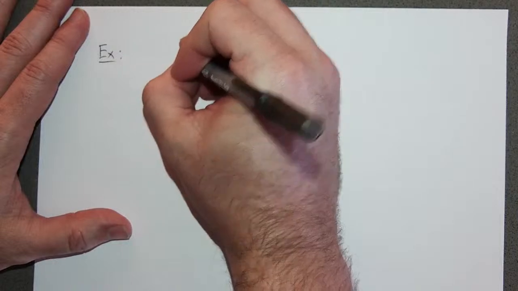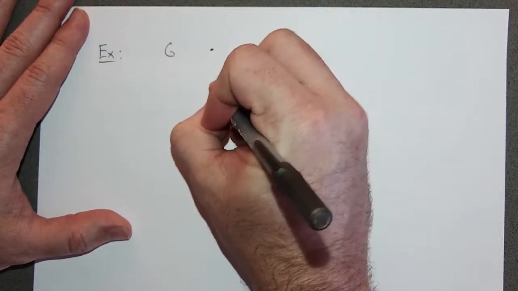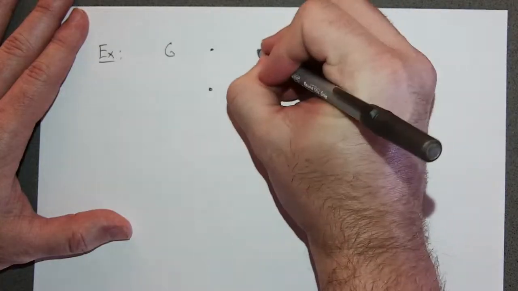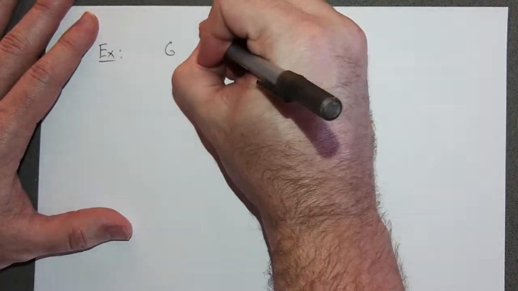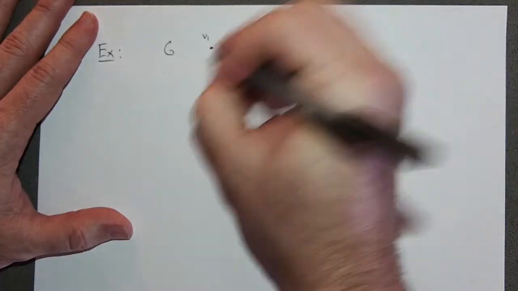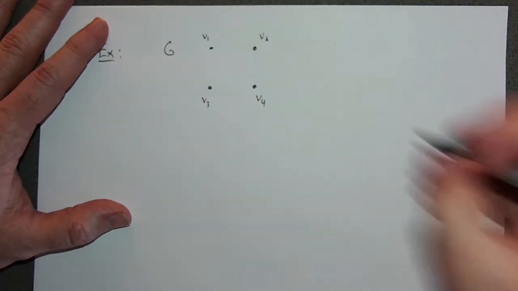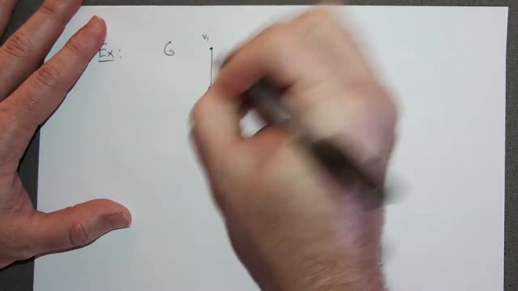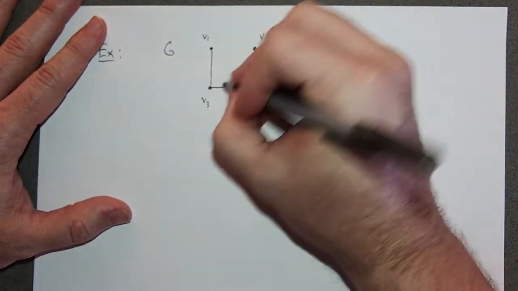I'm going to look at a labeled graph G on 4 vertices labeled V1, V2, V3, V4. The graph that I'm going to do this for is this one.